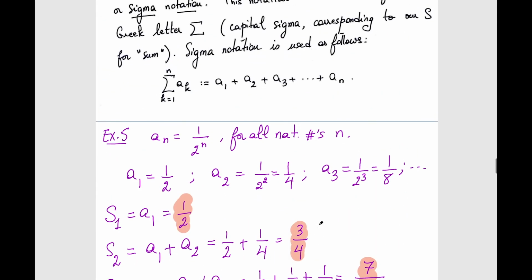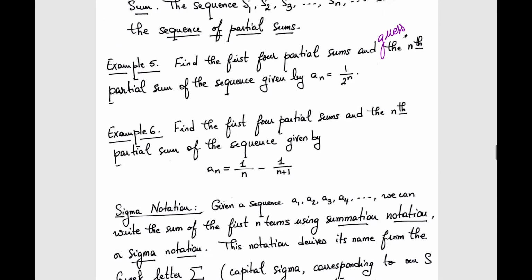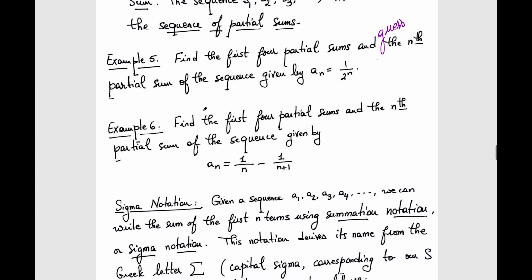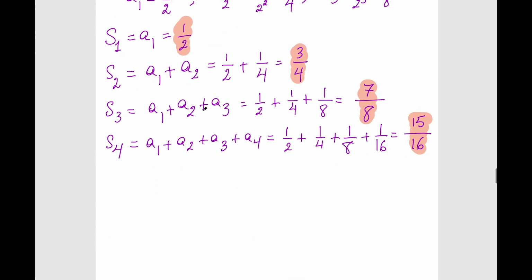And the question is, can you make an educated guess about the nth partial sum, Sn, which is the sum of the first n terms? Well, we just looked at this before.